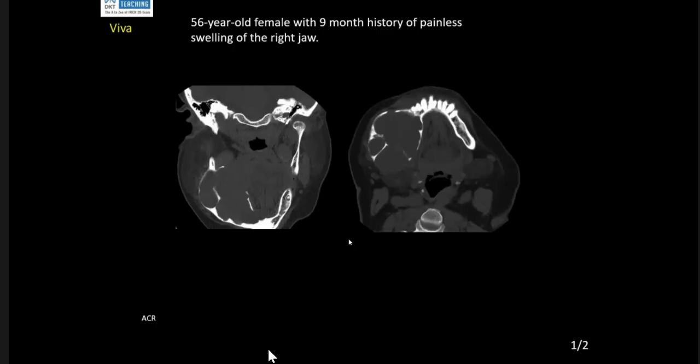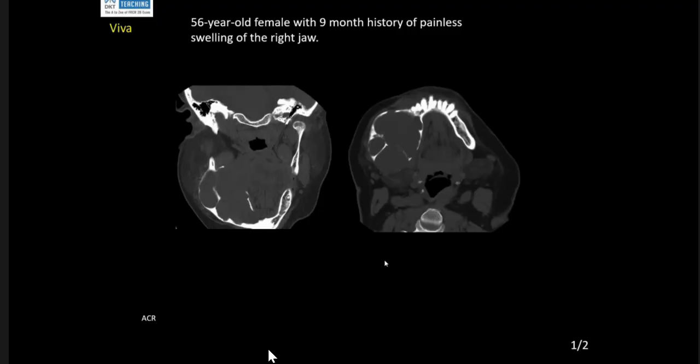There is no evidence of any definite fracture, calcifications, or adjacent soft tissue mass. The rest of the bones are normal. So this is likely suggestive of a non-aggressive etiology, a likely ameloblastoma.